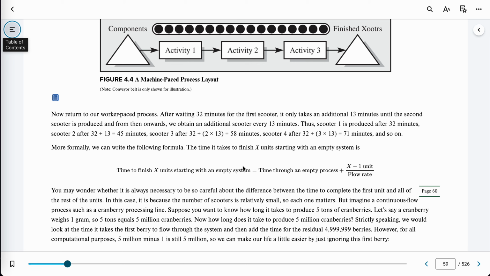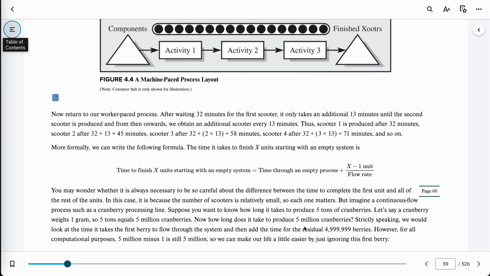Now, this difference is important when you have an activity where you're trying to make, say, 100 scooters, or 40 scooters or 50 scooters, or some small number. Let's say that you're looking at an assembly line process that produces, say, 5 million cranberries, right? Well, the difference between the first cranberry and the remaining 4.99999 million cranberries is not going to be that different, in which case you don't need to consider this.